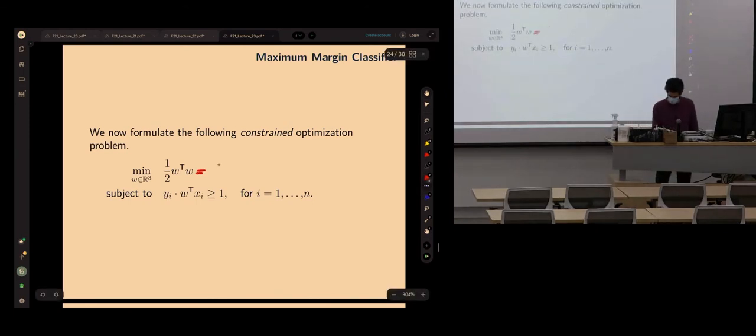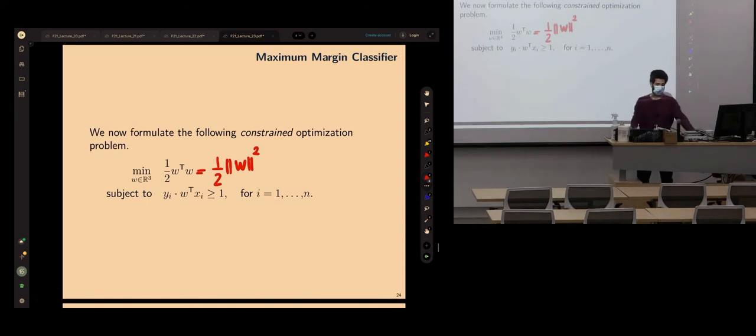So this is the same as 1/2 norm W squared. So we say minimize 1/2 of the norm squared of W, the vector of parameters, subject to this constraint.